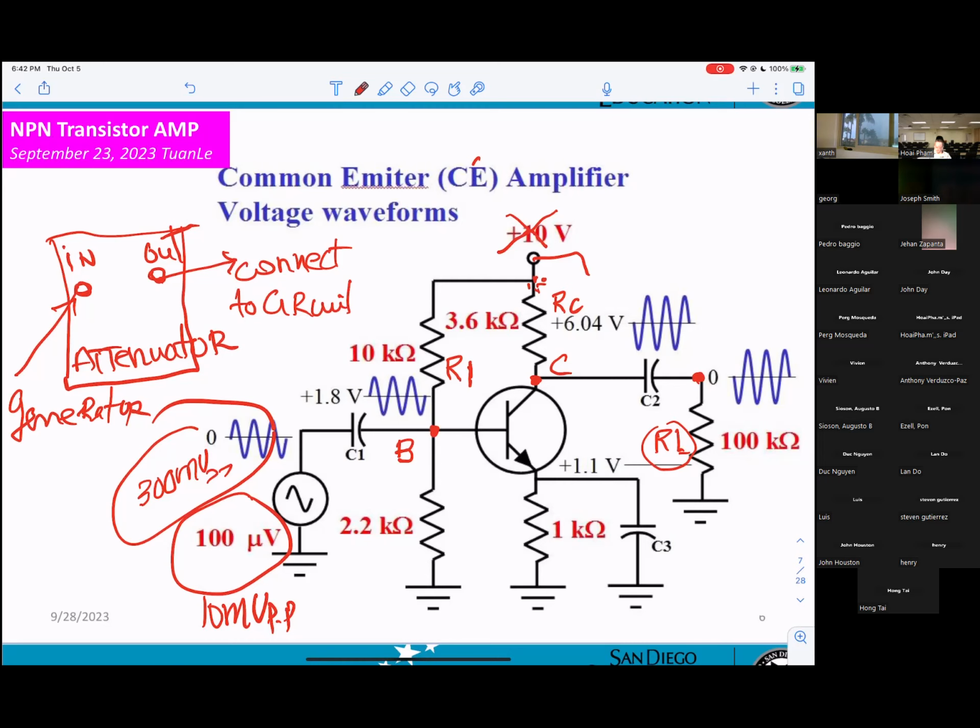That's why they already prepared the circuit in the CE amplifier for you. Output of the generator connects to the input of the attenuator, and the output will be connected to your circuit.